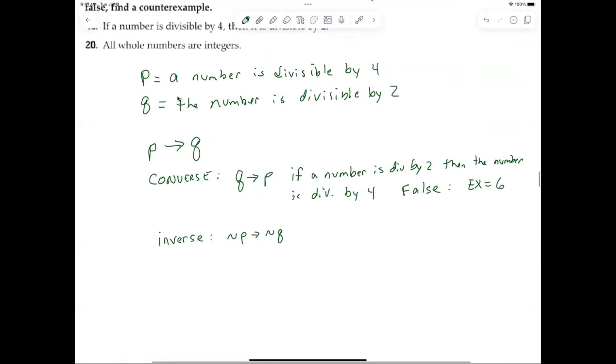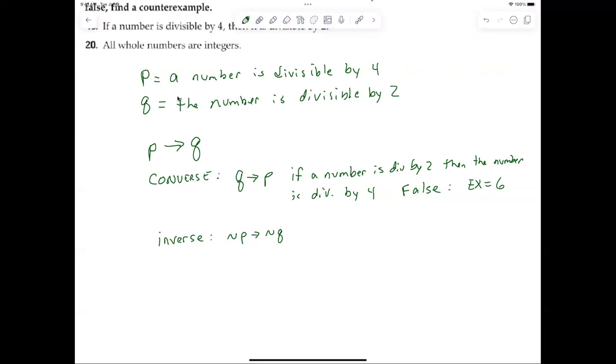Not divisible by 4, then not divisible by 2. Exactly. So you write that out. That would be considered the inverse: if a number is not divisible by 4, then it is not divisible by 2.